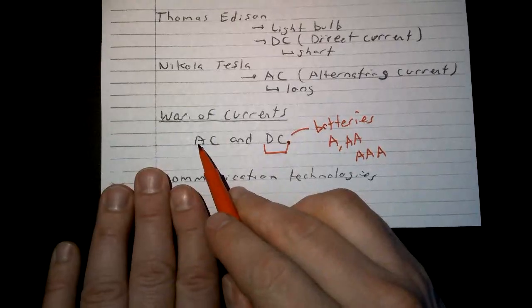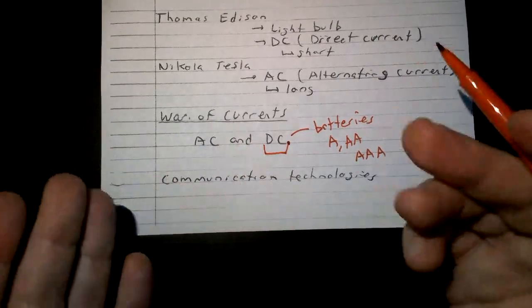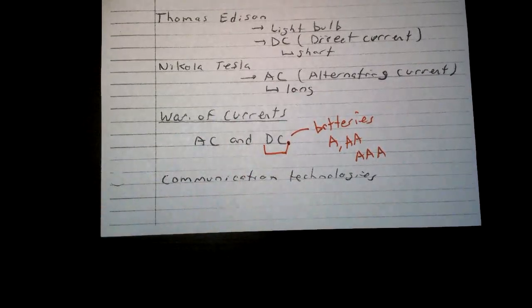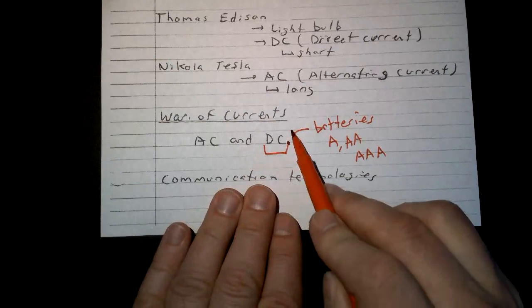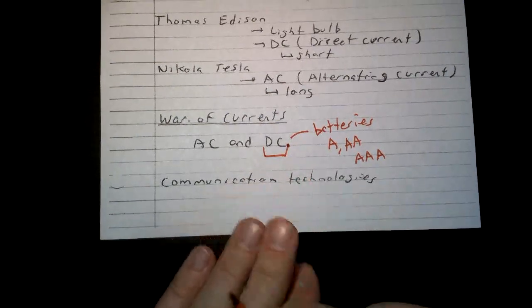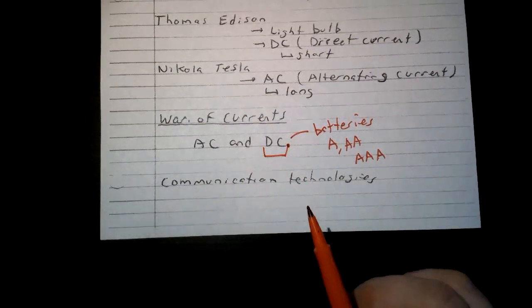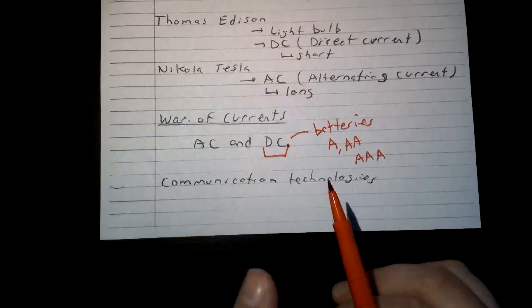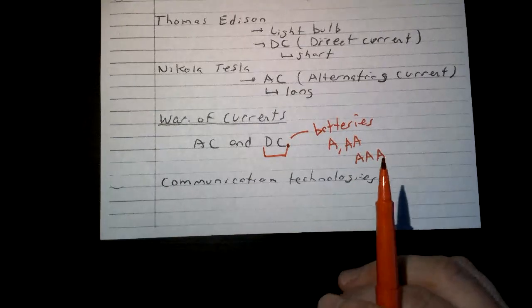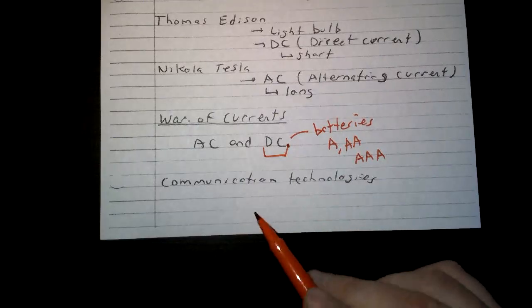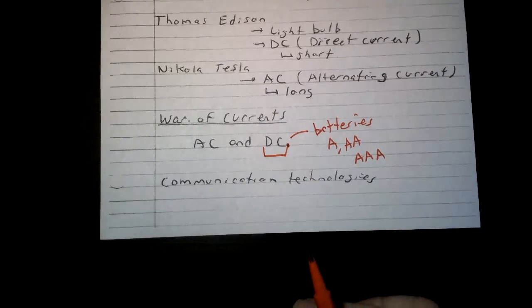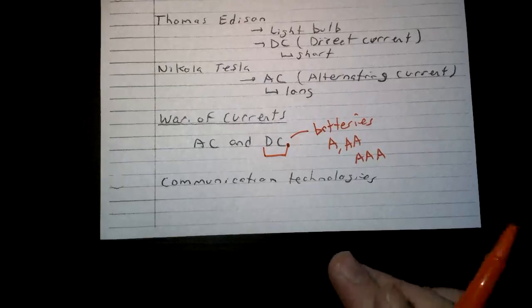AC is from the power lines that you have. And most of our electronics, pretty much all our electronics, use direct current. If we have a remote control, or your cell phone with its battery, all that good stuff. So batteries, and communication technologies, there's so much with this stuff.